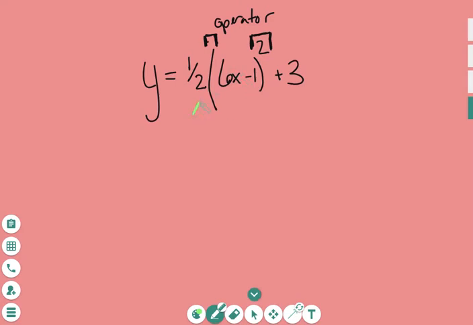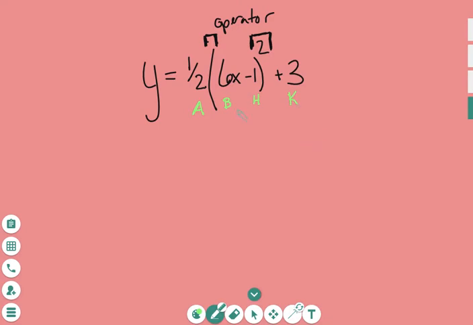So I see a number out front being multiplied by the entire thing, or the entire operator here. So that would be an A. I see a number being multiplied by the x only. That would have to be a B. I see a number being added or subtracted from the x. That has to be an H. And I see a number being added or subtracted from the operator, which must be a K.